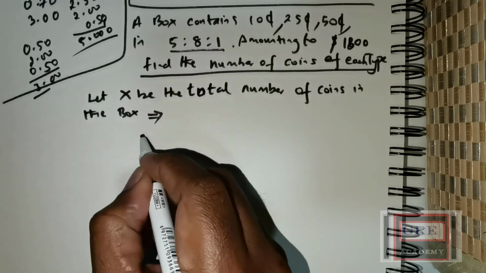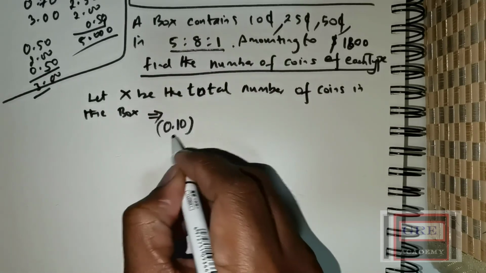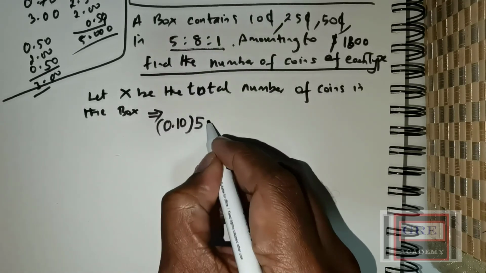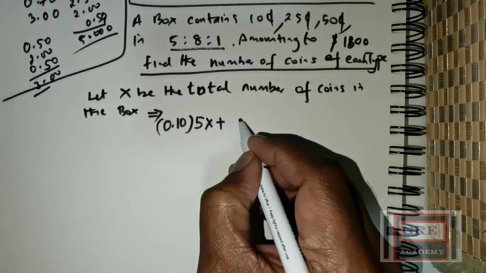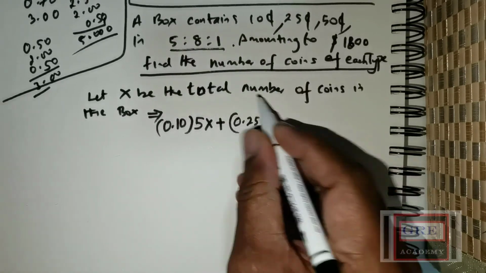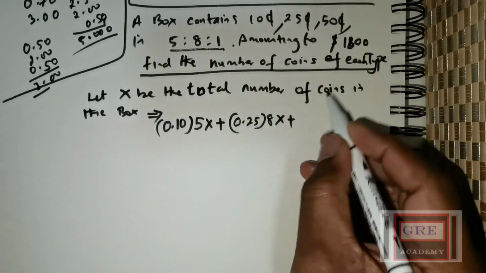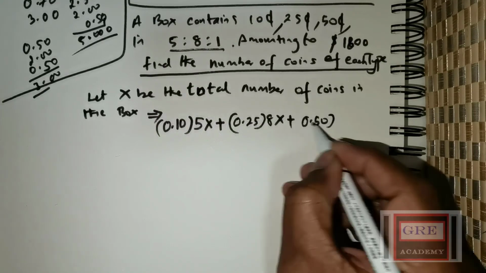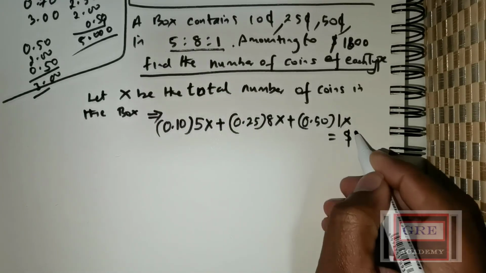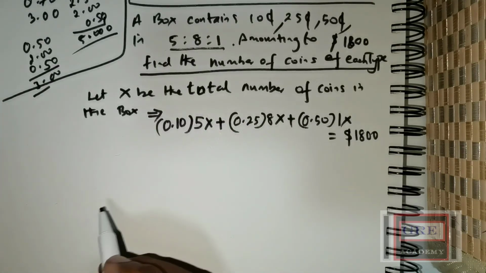So this would mean I've got 10 cents, I'm writing it as 0.10 times 5x, added with 25 cents, 0.25 multiplied with 8x, plus 50 cents, 0.50 multiplied with 1x. This is equal to $1,800. So this is the equation you should have.